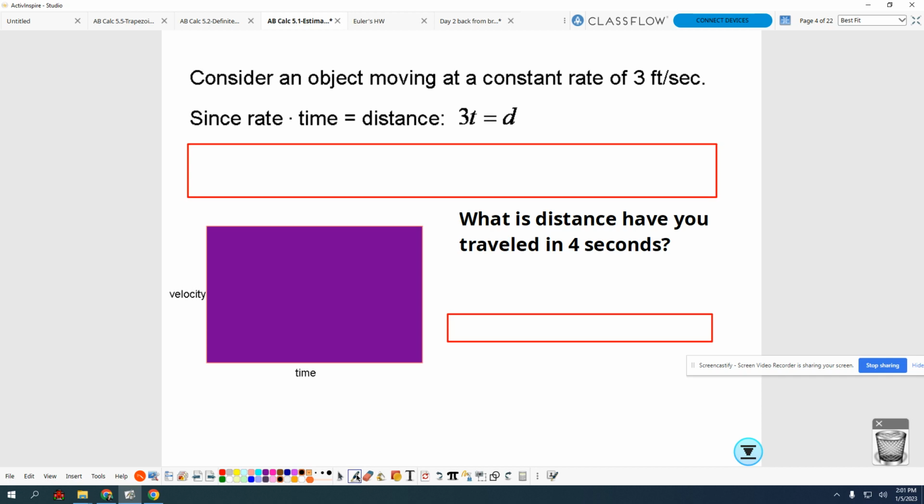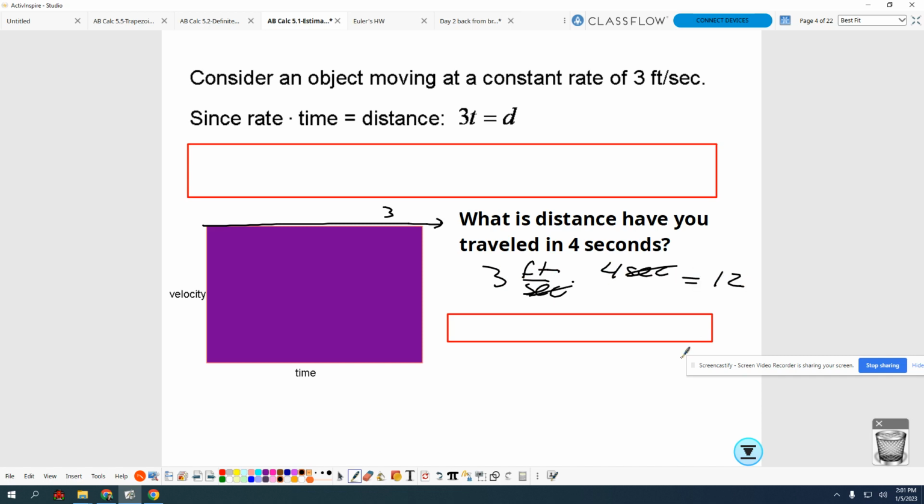The ball is rolling at a constant 3 feet per second. Velocity, 3 feet per second. The ball has rolled for 4 seconds. How far did it go? 12 feet, because 3 feet per second times 4 seconds gives us 12 feet.